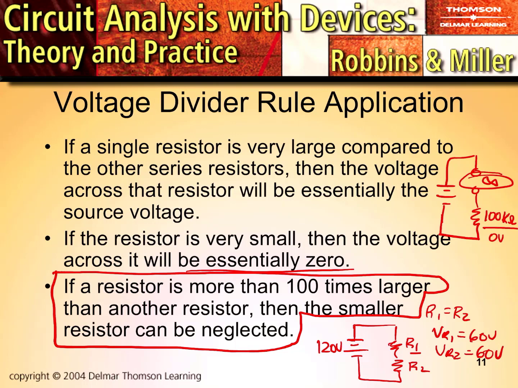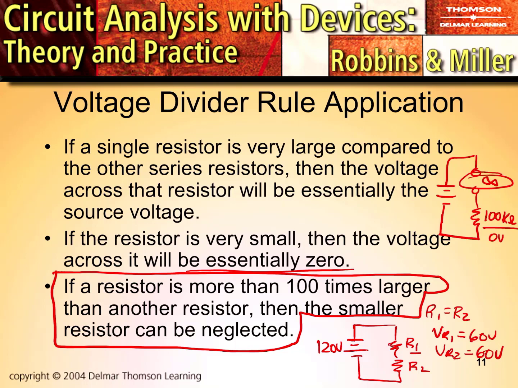If you were to measure the voltage around a loop and you found that a voltage measured in series was less than 1/100th of the source voltage, you could ignore it, because the source voltage is the largest voltage in the circuit.